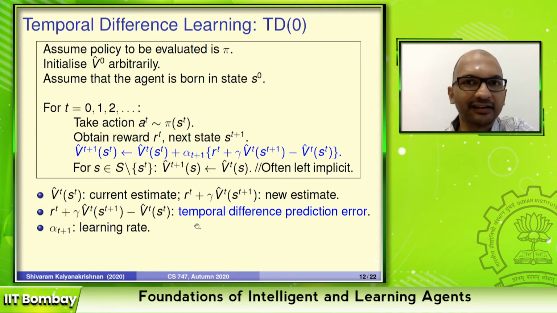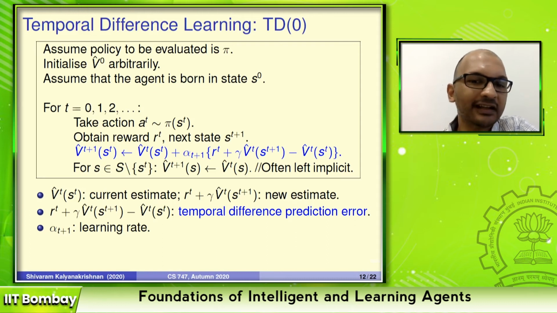But in general, it need not be zero. In fact, even once you converge to the actual values, there will be some error, because things are stochastic. What you're seeing is a sample of the long-term reward. You're not seeing an expectation directly as you might in planning.